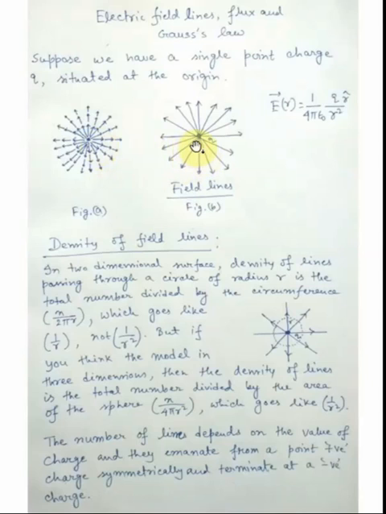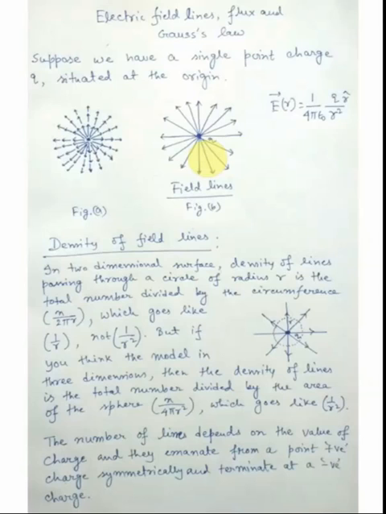The magnitude of the field is indicated by the density of field lines. So it is strong near the center where the charge is situated, and there the field lines are close together, and weak if you are far from the charge, right?